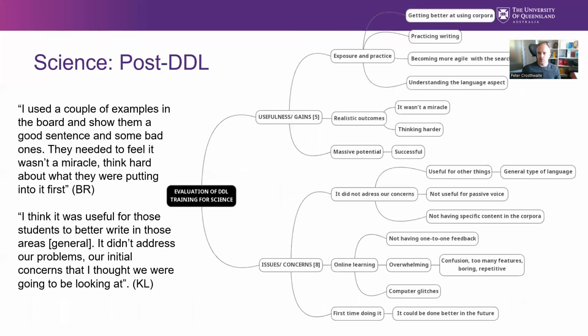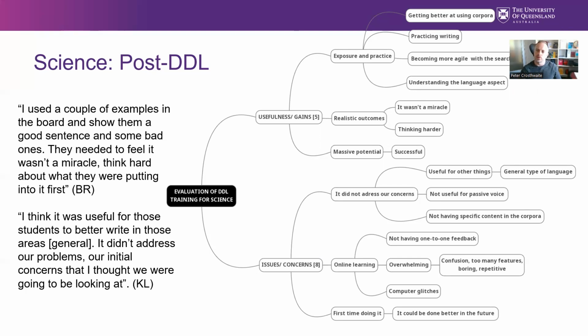Following the actual DDL intervention, the science teachers became much more positive once they'd actually gone through the process of delivering a DDL intervention to their own students. They realized that the approach had massive potential. It provided students with exposure to language features that they might not necessarily have got through limited reading or exposure to science in their earlier study years.